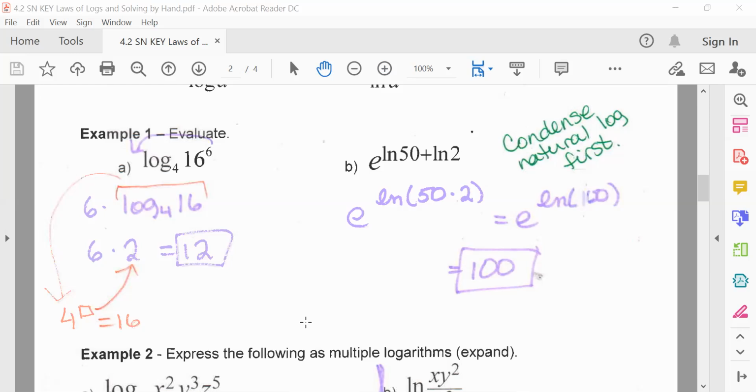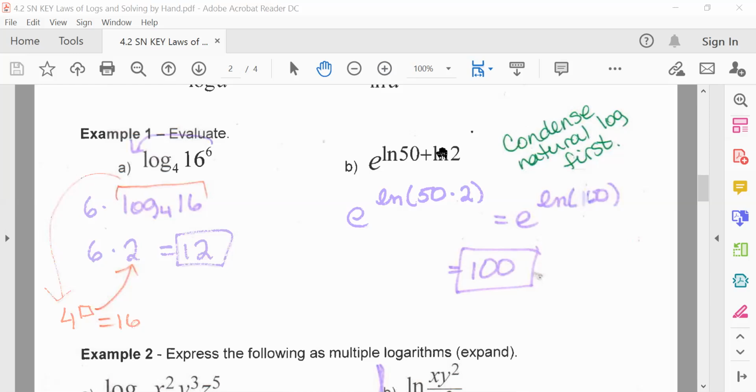Okay, so on part B, e to the power of natural log 50 plus natural log 2. First thing we want to do is condense this into a single log. So we have 2 separate logs that are added. Think adding 2 exponents. That means the bases had been multiplied. So we're going to multiply those values, 50 times 2.